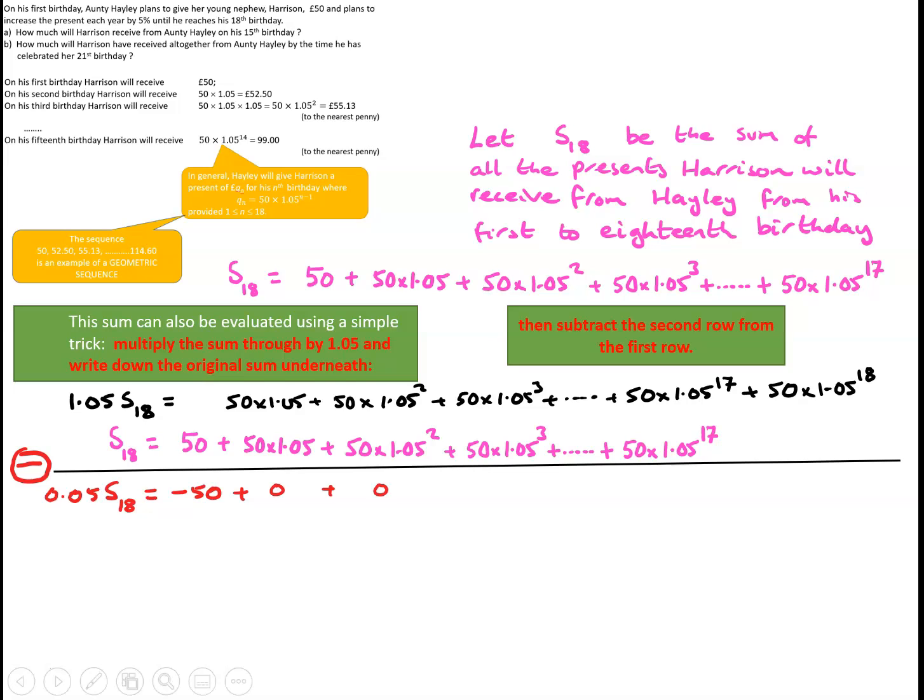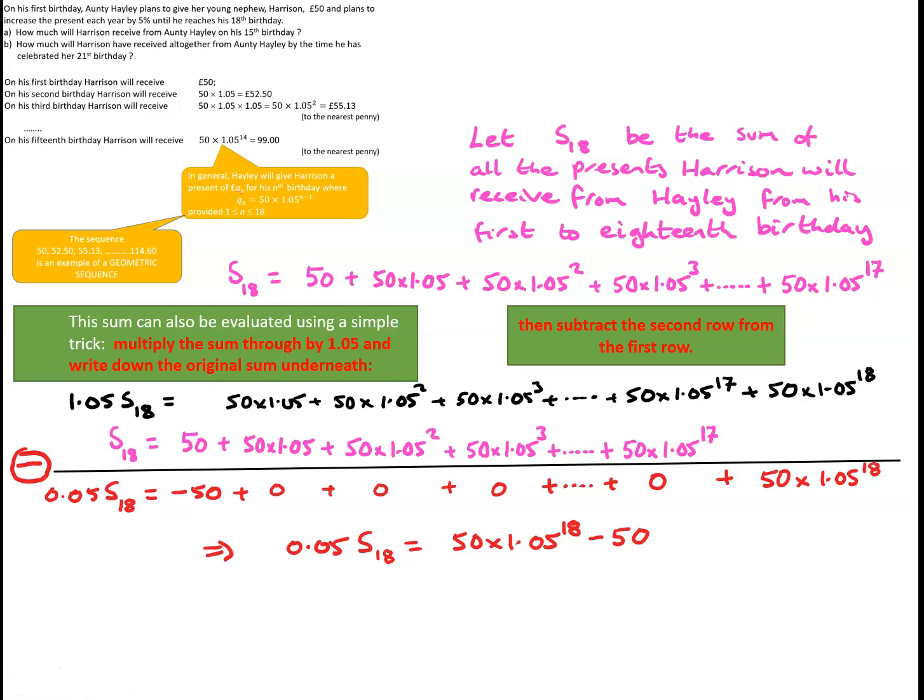All the way along until we come to the penultimate column, which gives me 50 times 1.05 to the 17, take away 50 times 1.05 to the 17, which is another 0. And then finally, I've got 50 times 1.05 to the 18, take away nothing, which gives me 50 times 1.05 to the 18. So I've got 0.05 S18 is equal to 50 times 1.05 to the 18, take away 50.